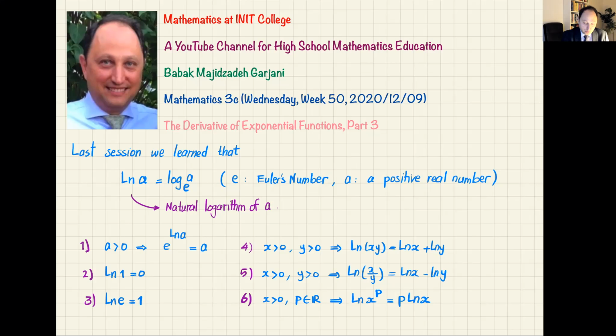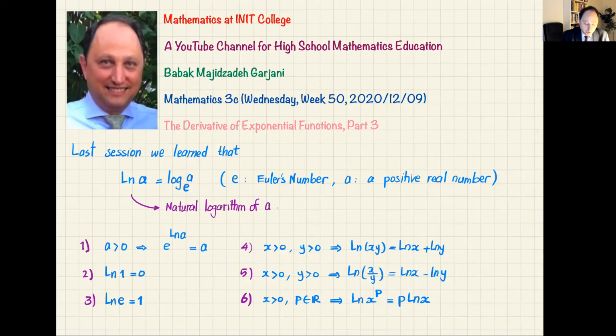The only thing that you need to know about this is that if you have a logarithm whose base is the Euler number, which is approximately 2.72, a famous constant in mathematics. If you take this number as the base of the logarithm, instead of writing logarithm of a in base e, we simply write ln of a, and this is called the natural logarithm of a.